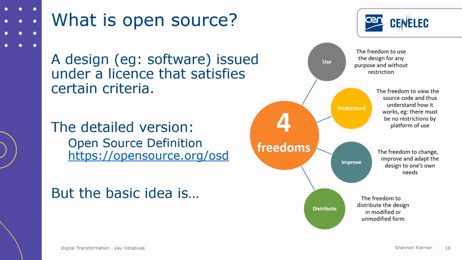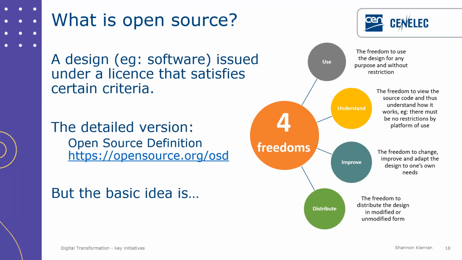The first one is the freedom to use it for any purpose that you like. The freedom to understand how it works. So in the case of software, that means to view the source code. But in other types of designs, that'll mean different things. The freedom to understand it.